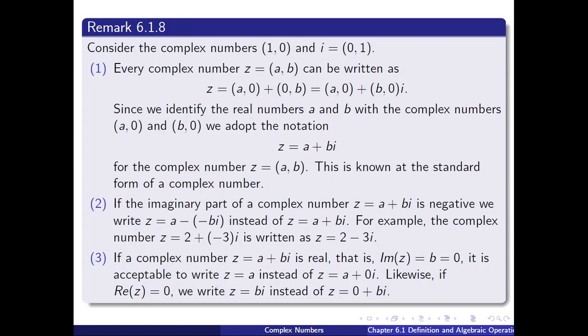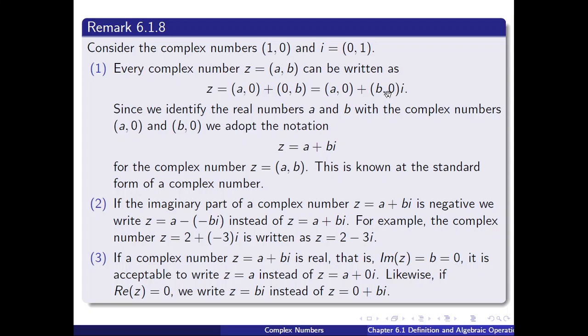So that is that. And let's look at the next remark, remark 6.1.8. Consider the complex numbers (1, 0), and one that we are going to call i, which is equal to (0, 1). Then every complex number z, which is equal to (a, b), can be written as z equals (a, 0) plus (0, b), which is equal to (a, 0) plus (b, 0) times i.